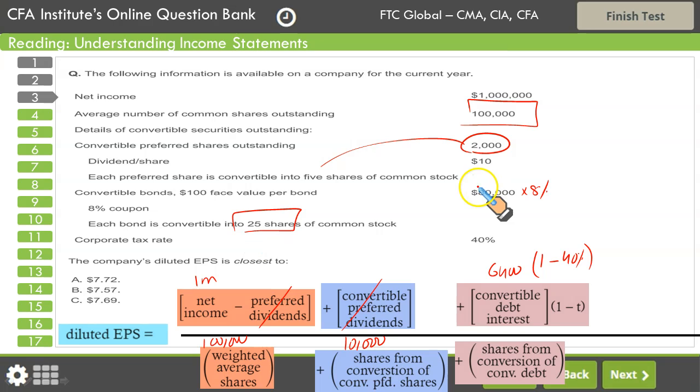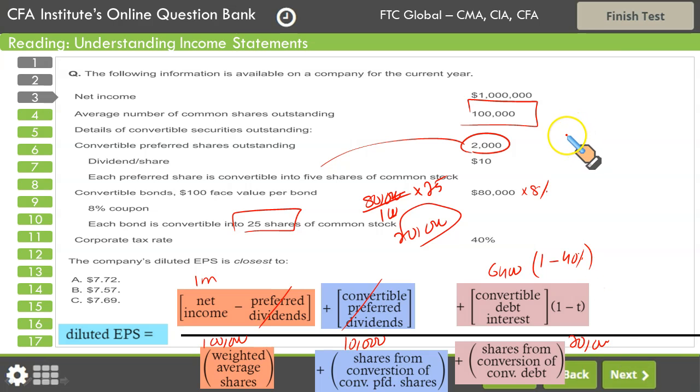How many bonds do we have? $80,000. Each bond has a face value of 100, and this will give you the number of bonds, and each bond will convert into 25 common stocks. So if you simplify all of this, it's going to be 800 times 25. It's going to be 20,000. So this is going to be in the denominator.